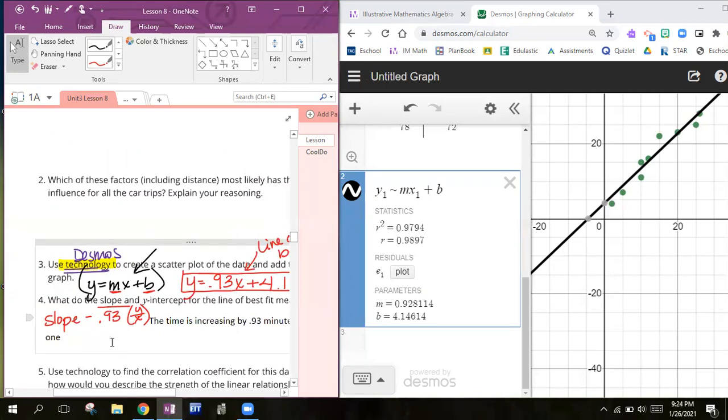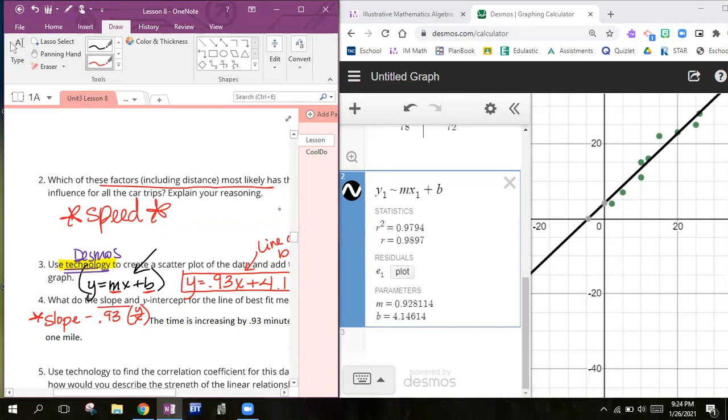Now we look at the x value. What are we talking about? The x, the distance, for every 1 mile. So for every 1 mile we travel, it's taking us about 0.93 of a minute. So almost a minute to travel 1 mile in our car. And also how fast we get there depends on how quickly we are driving. So the factor that's most likely to influence it is going to be the speed we're traveling. And that's really evident here when we talk about the slope.